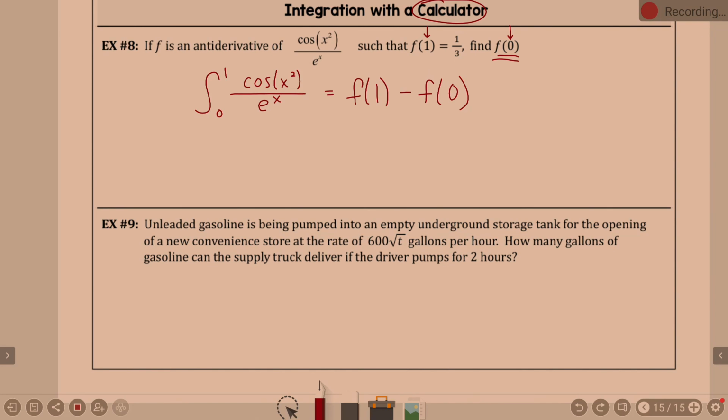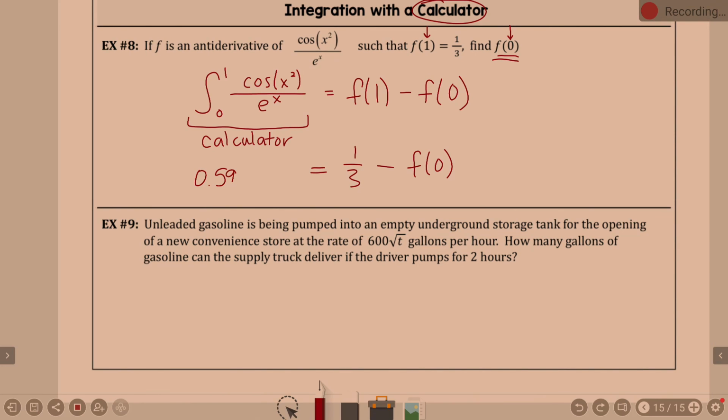Okay, this you can find on your calculator, right? Your calculator will do all that lovely math for you. What's it say f of 1 is? That equals 1/3. Minus, what did they ask us to find? F of 0. You know what my calculator tells me this lovely fun thing is? 0.59005.